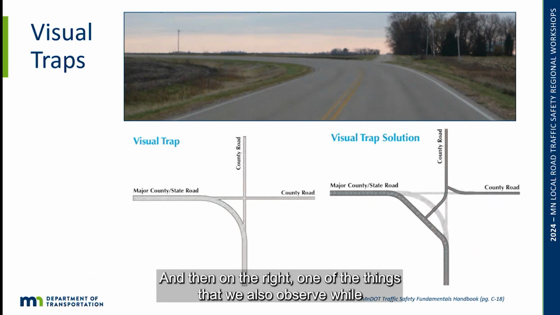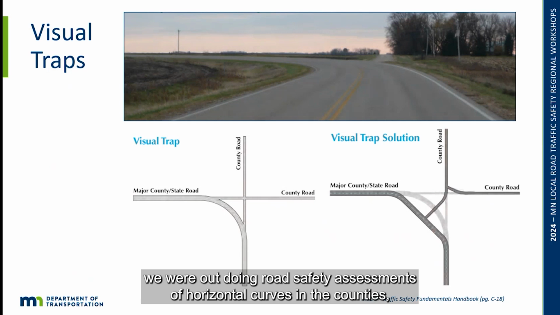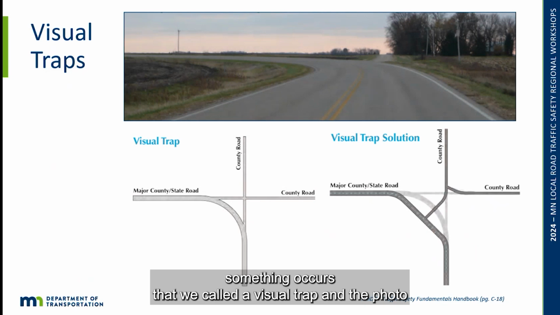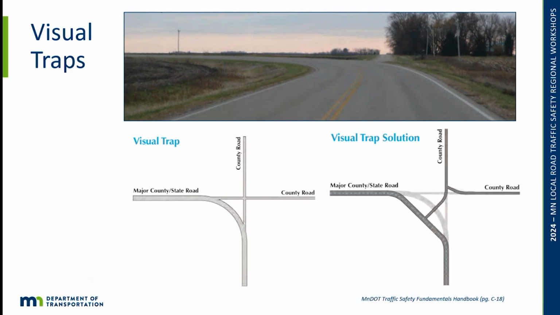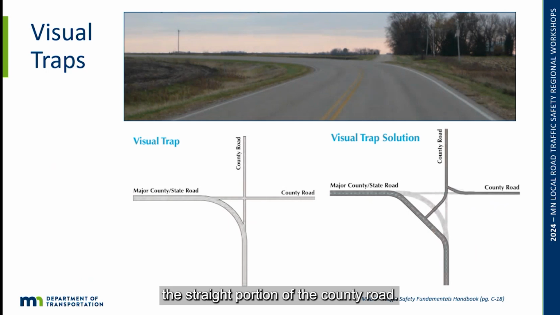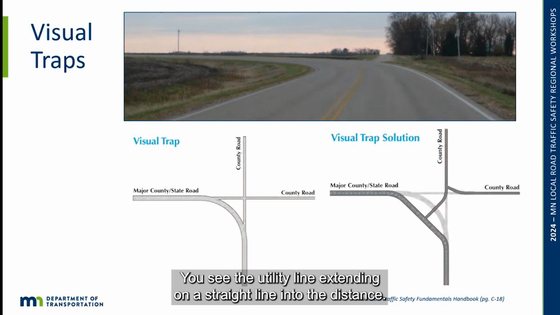And then on the right, one of the things that we also observed while we were out doing road safety assessments of horizontal curves in the counties was something we called a visual trap. In the photo at the top of the slide, you can pick up a utility line that's been traveling along the straight portion of the county road. You see the utility line extending in a straight line into the distance.